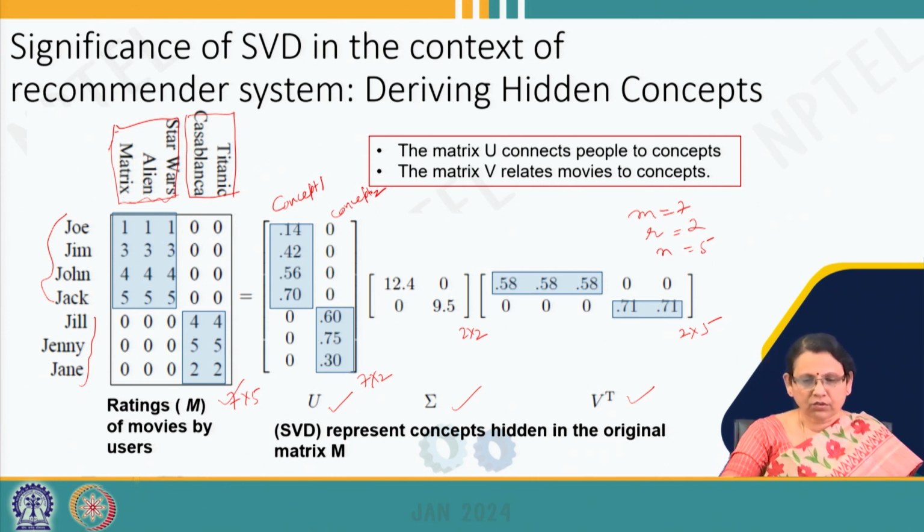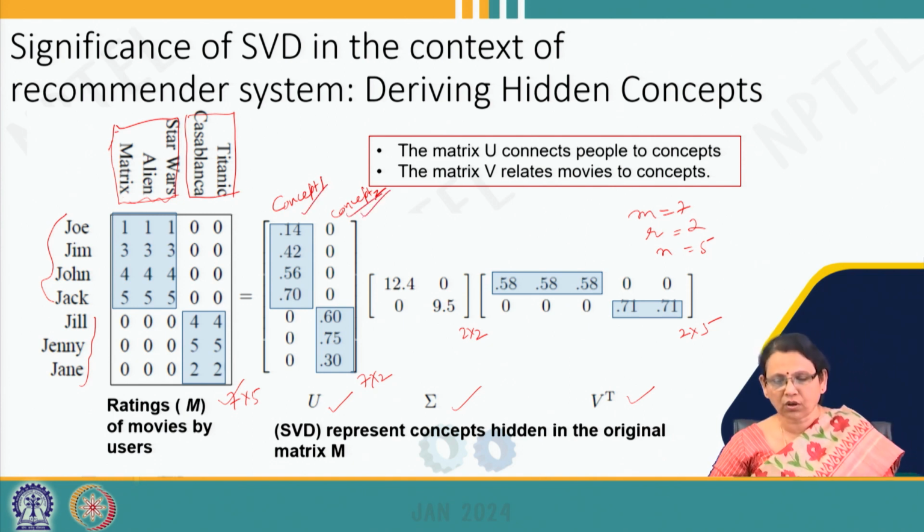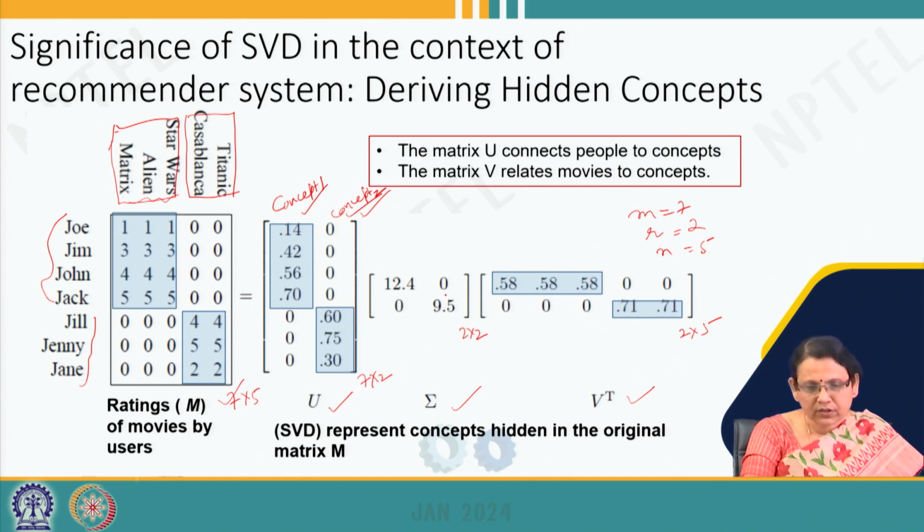Here we are continuing in a similar manner. In SVD we have conceptualized these movies into two categories, and we represent this by these two column vectors. So, also the movies, the first three movies belong to one category. So, here we have non-zero values, and in the second category it is 0.